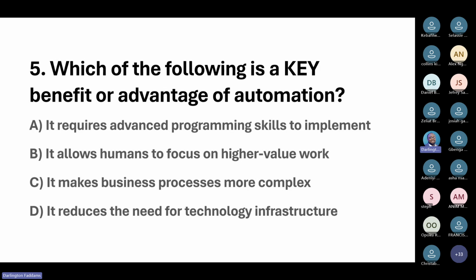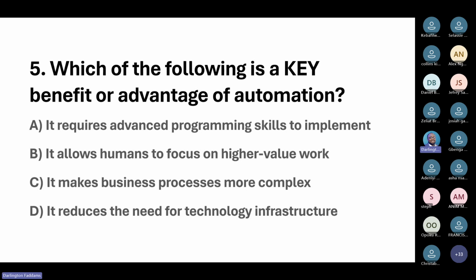So this automation we've been hearing, some people think that it requires advanced programming skills to do automation. Other people think that it makes business processes more complex. And then D says that it reduces the need for technology infrastructure.